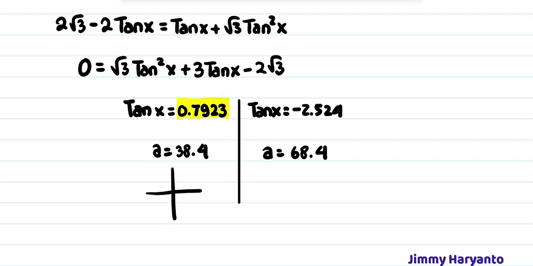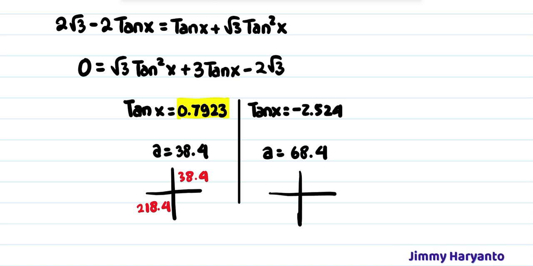The first tangent is positive, that means first quadrant, and the third quadrant, that means 218.4. And then for this one, the value of the tangent is negative, that means in the second quadrant 180 minus 68.4 is 111.6, and also the fourth quadrant 360 minus 68.4, it's 291.6.